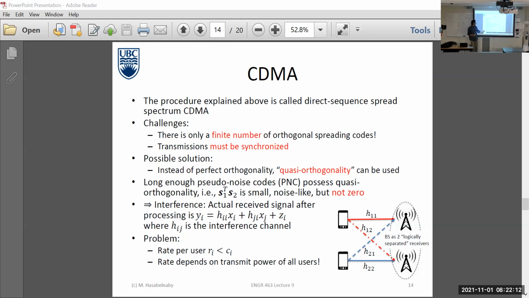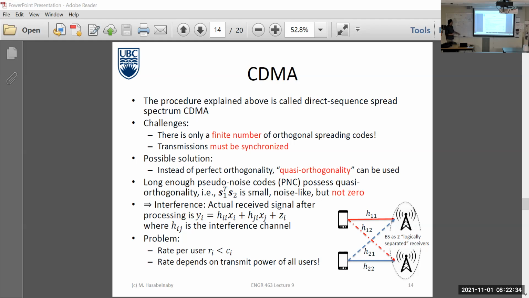Okay, so we will have a problem. This will affect our achievable rate. If you remember from our last lecture, the rate of each scheme depends on log base 2 of 1 plus the signal to noise ratio.